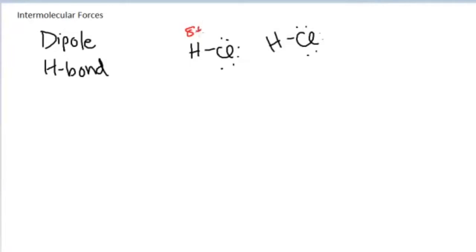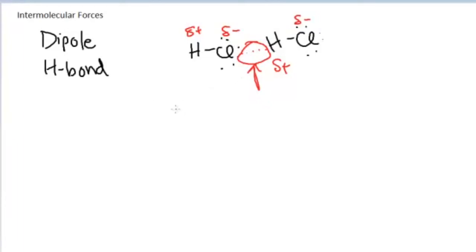The hydrogen is partial positive, the chlorine is partial negative. A different separate molecule also has a partial positive and partial negative, and the attraction of these two molecules is that intermolecular force. You can see that essentially what's happening here is that the attraction is between something that is positively charged and negatively charged, not full positive and full negative, but partial positives and partial negatives.